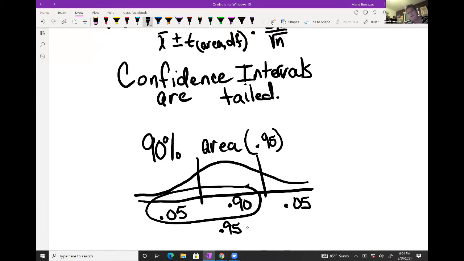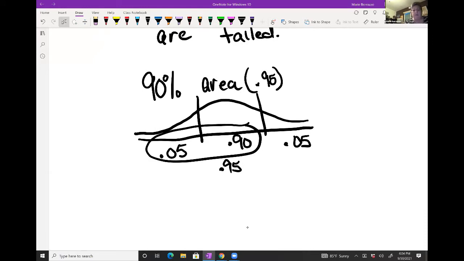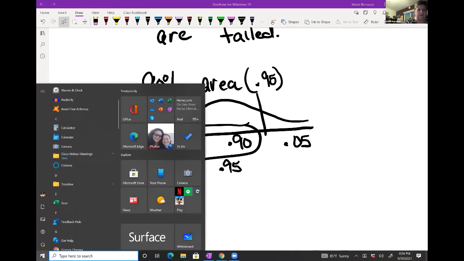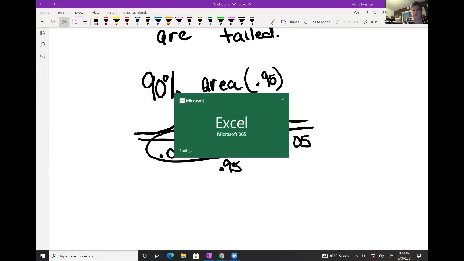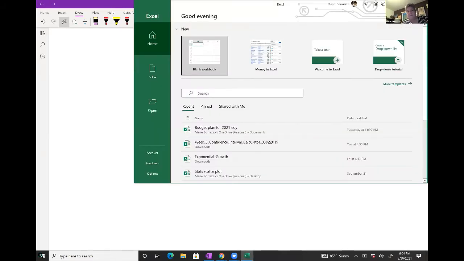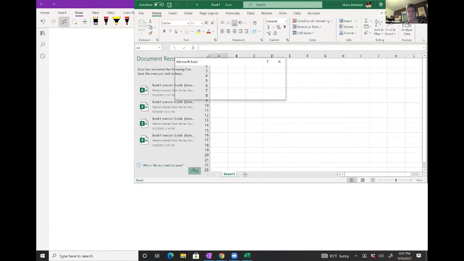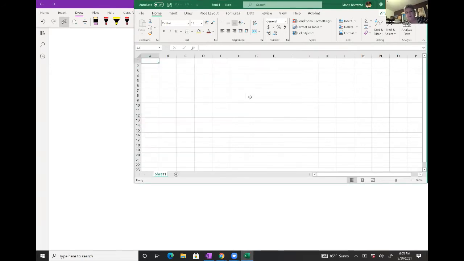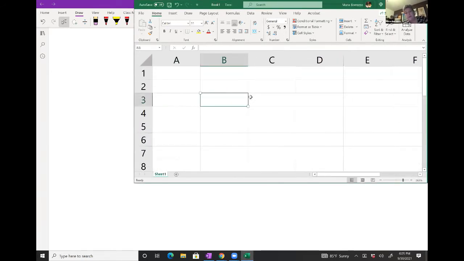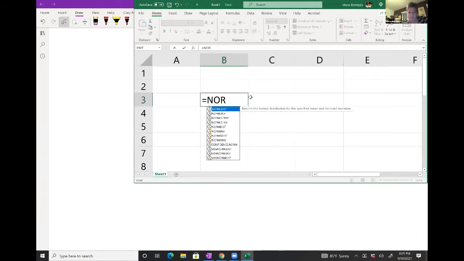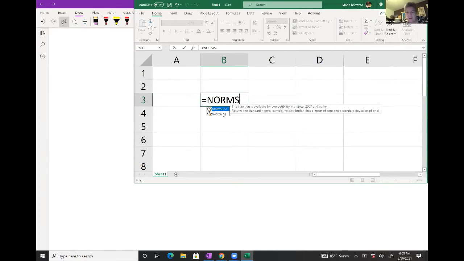Okay, so what this means to me for 90% confidence, for example, if I go to Excel, which we would use then NORM.S.INV. Let me pull it up so you can see what I'm talking about. All right, so take a look here for just a second, and you'll notice that I'm going to go with equals NORM.S.INV because I have the area.